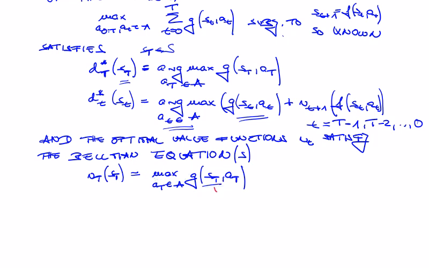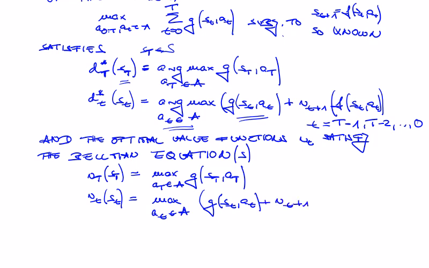So the value function gets values from the reward function. And for all remaining points, it gets very similar to the above: g(st, at) plus V(t+1) at the location f(st, at), for t from T minus 1 to 0.